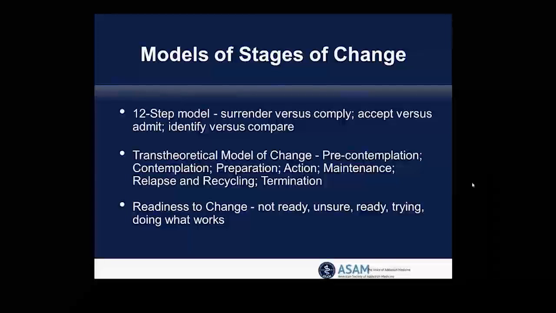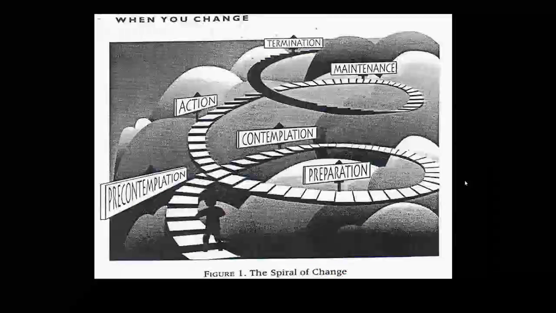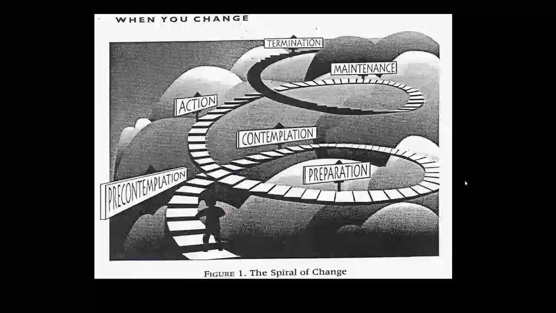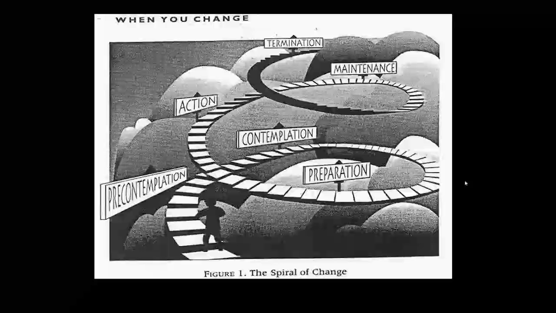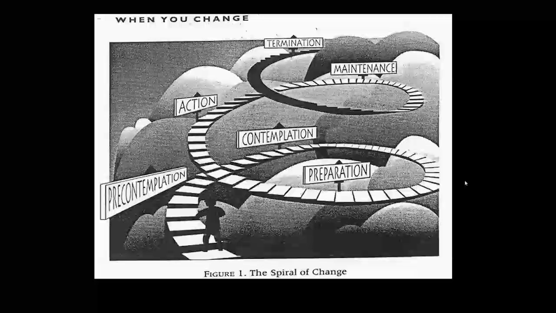You'll see in the slide on page 16 a diagram that comes out of a book called Changing for Good by Prochaska, DiClemente, and Norcross. This outlines the transtheoretical model of change where people move from pre-contemplation, I don't have a problem at all, I'm not interested in changing, to contemplation, where they're ambivalent, maybe I have a problem, maybe I don't, maybe I want to do some work on this, maybe I don't, to preparation, I've got a problem and I'm going to work on it, and they mean in the next few days or weeks, to action, where they're actually doing something about their problem, to maintenance, where they've changed for 6 months and now have a pattern of good functioning, but now they have to make sure they don't relapse, and then termination, where they've made some changes.